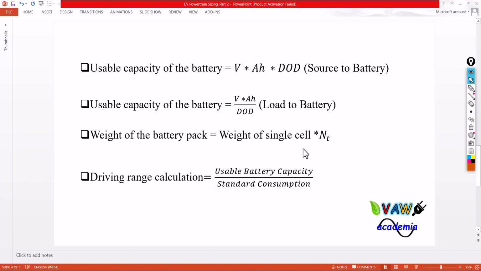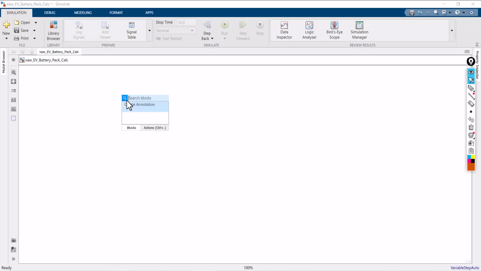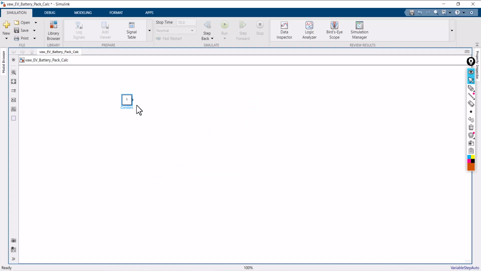I am straight away moving on to MATLAB. Accordingly, I will take the inputs. I need totally 12 inputs. Okay, I am taking 12 inputs.